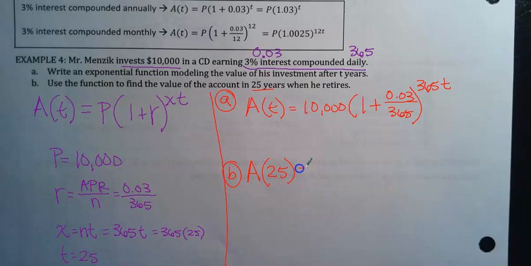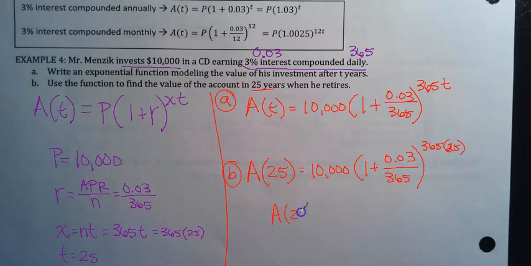A of 25 is going to equal 10,000 times 1 plus 0.03 divided by 365 raised to the power of 365 times 25. I do hope you bring a scientific calculator to class, so that you can calculate these and not have to do it by hand. Then you can put all of that in the calculator, or you can show some steps.